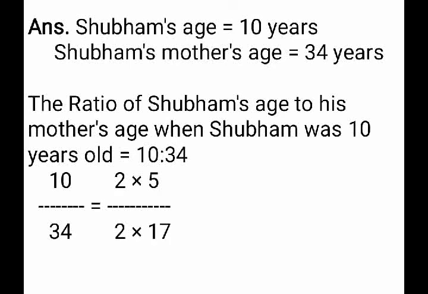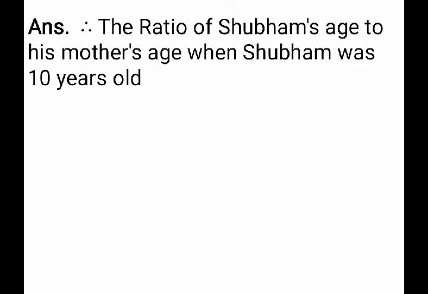Cancel 2 in numerator and denominator. So what will remain? 5 upon 17. The ratio form of 5 upon 17 is 5:17. Therefore, the ratio of Shubham's age to his mother's age when Shubham was 10 years old is equal to 5:17.